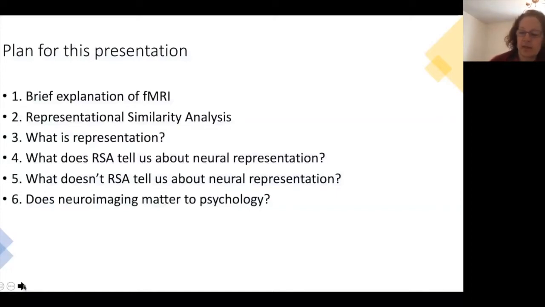Then I'll talk about more philosophical questions about what representation is or entails and what sorts of things we should be thinking about and looking for. And then trying to combine these things, look at what RSA tells us about representation and what it doesn't tell us, and then revisit this question of whether neuroimaging matters to psychology.